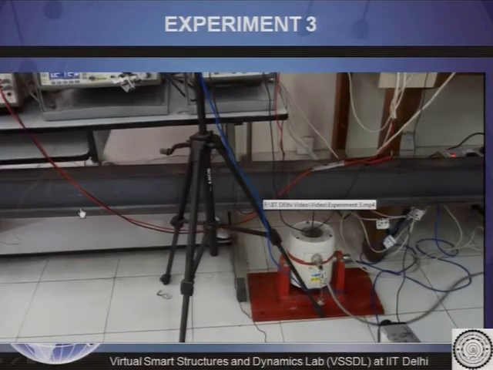Next is experiment number 3. This experiment is based on forced vibrations. The aim of this experiment is to get the natural frequency of this 3.2 meter long steel beam under forced vibration.